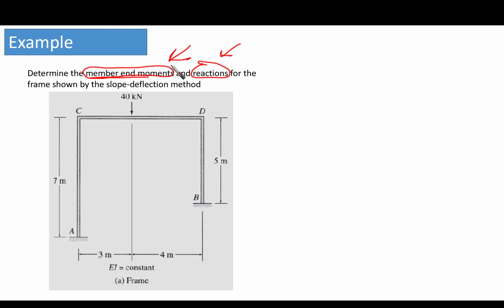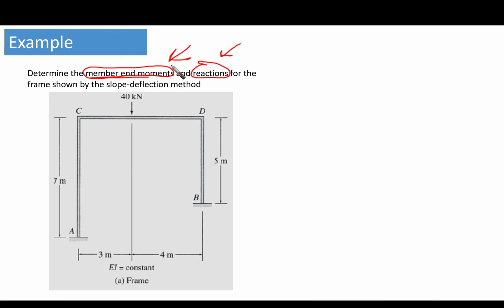The first thing is, what are the degrees of freedom? The degrees of freedom here: at C, it is free to rotate, so we have theta C. At D, it is free to rotate, so we have theta D. And there is translation at the level of member CD, so we have delta.